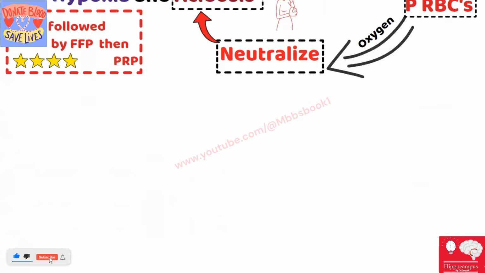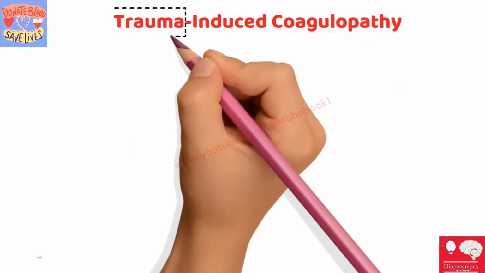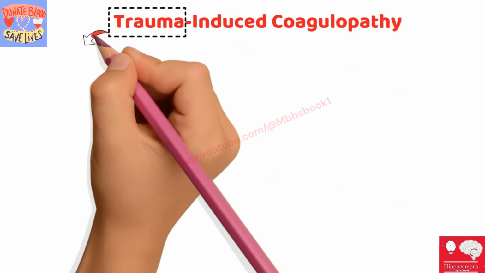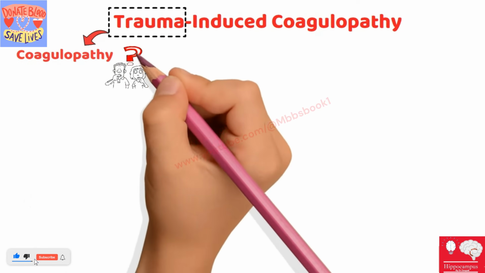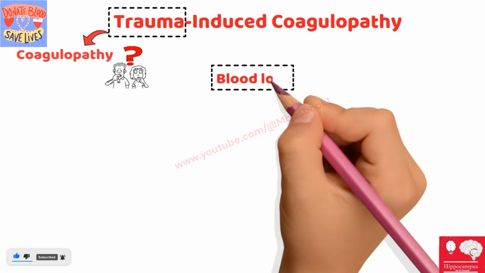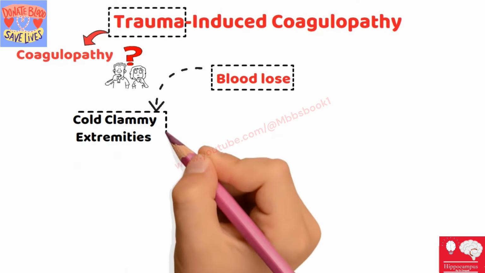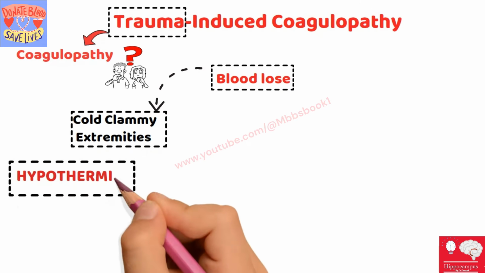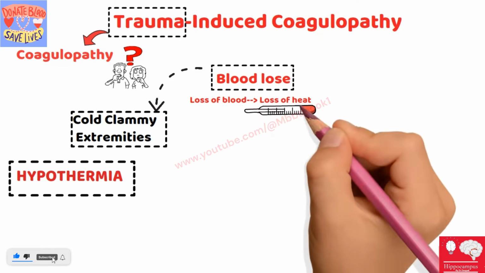Now, the next point we are going to discuss is trauma-induced coagulopathy. Note that trauma or blood loss itself will result in development of coagulopathy. Why? Because when you lose blood from the body, the person will start developing cold, clammy extremities. There will be hypothermia set up in the patient, with loss of blood from the body leading to loss of heat.